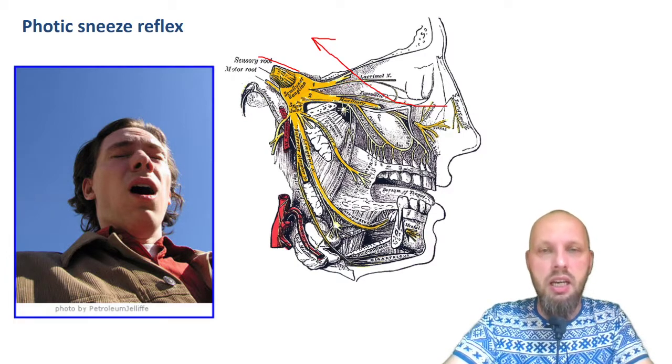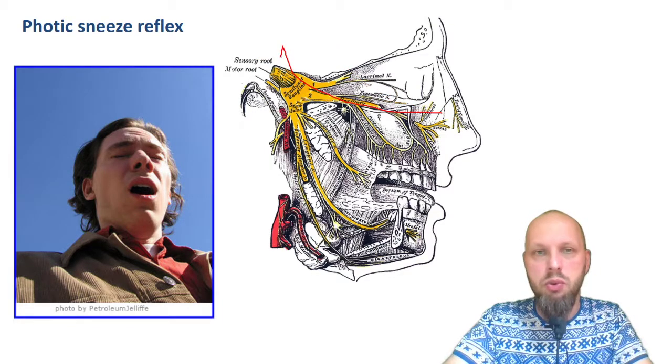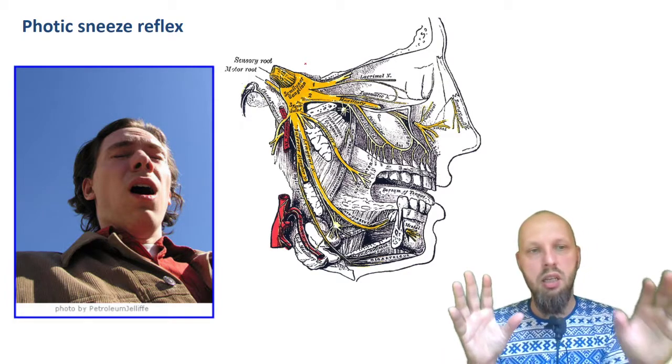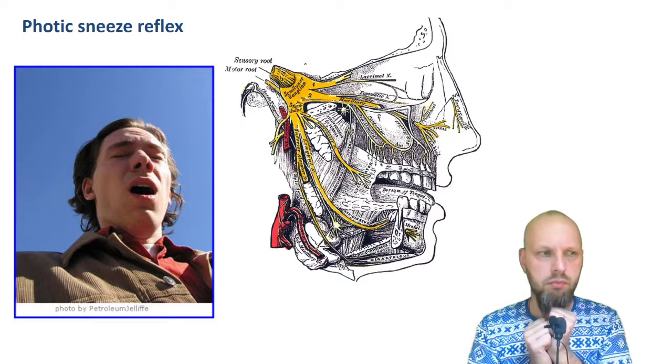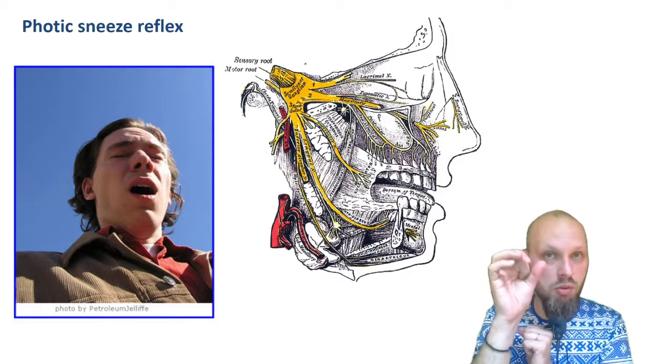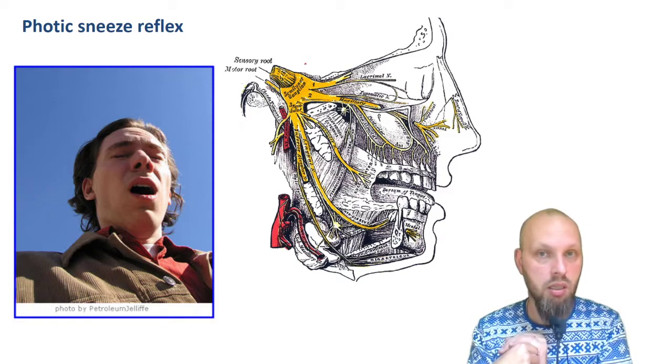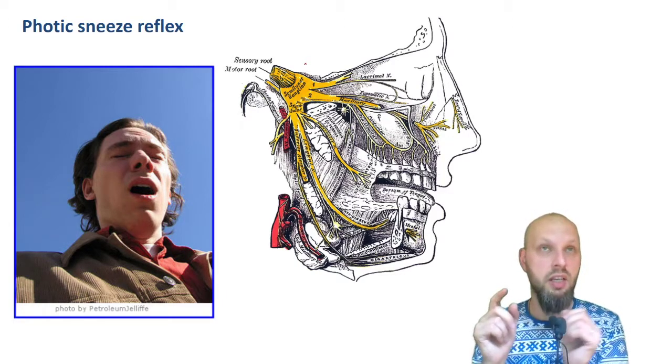There are nerves that bring information from the nose, but also in this same nerve are entirely different axons that control the shape of our pupil, that make our pupil become narrower when we look at the bright light. That's my vague recollection.